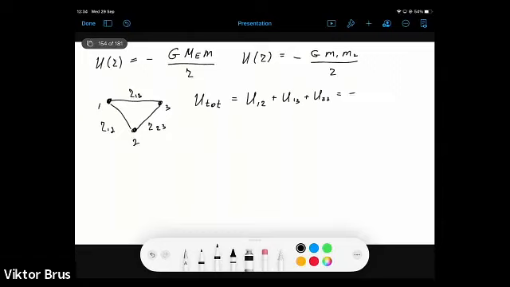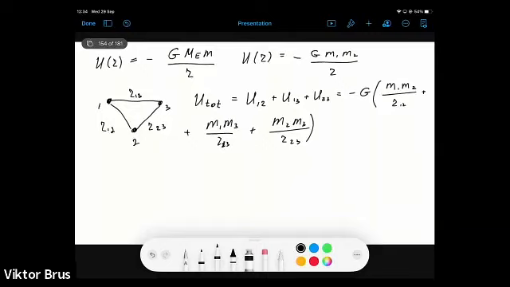So that will be minus G times m1 m2 divided by r1,2 plus m1 times m3 divided by r1,3 plus m2 m3 divided by r2,3. Okay, so this was about potential energy of gravitational field.